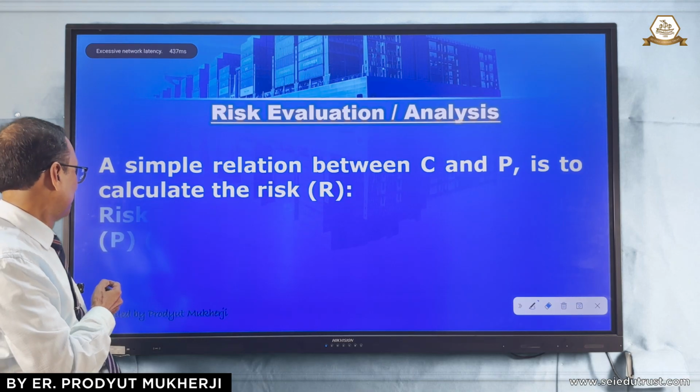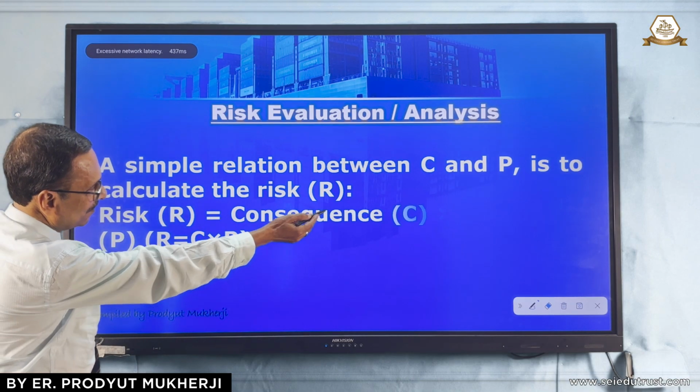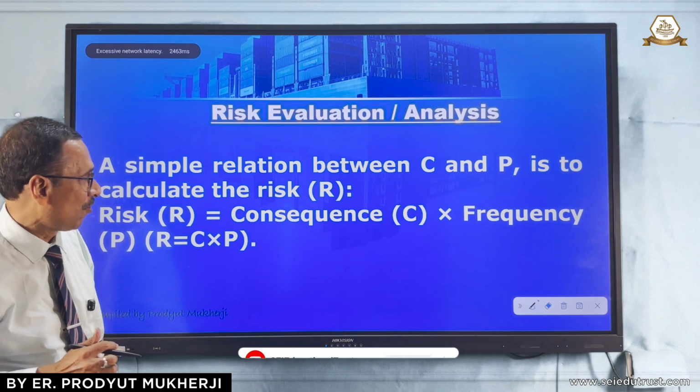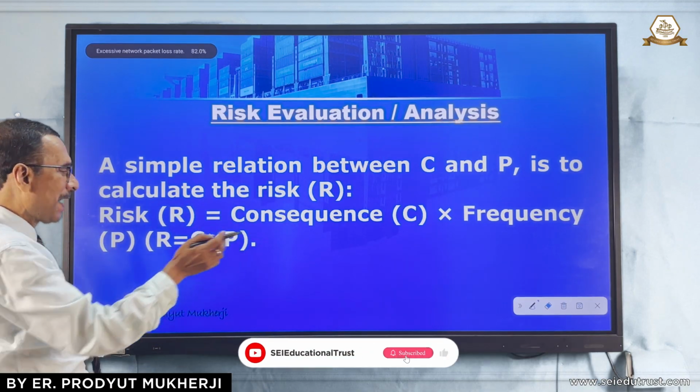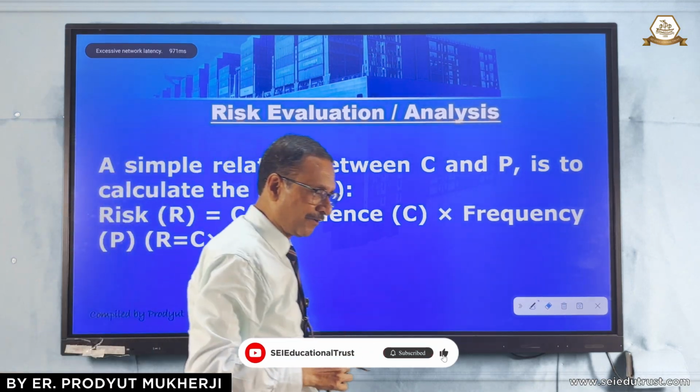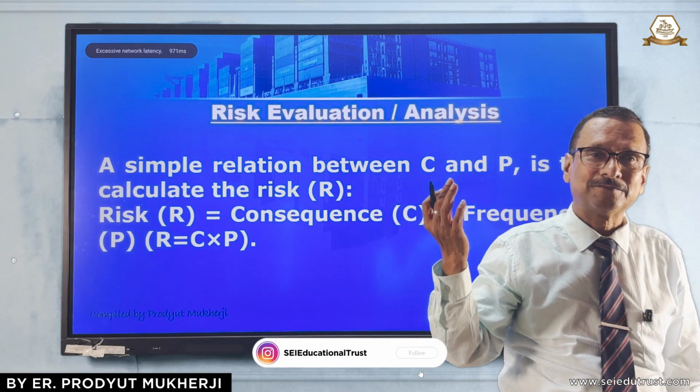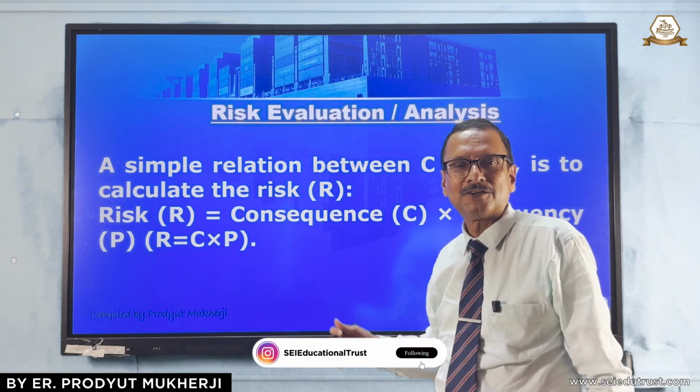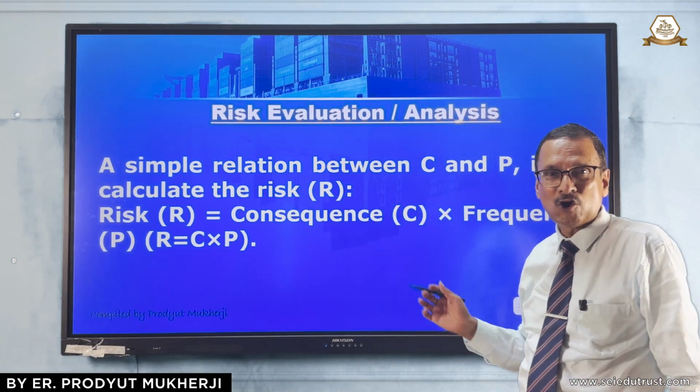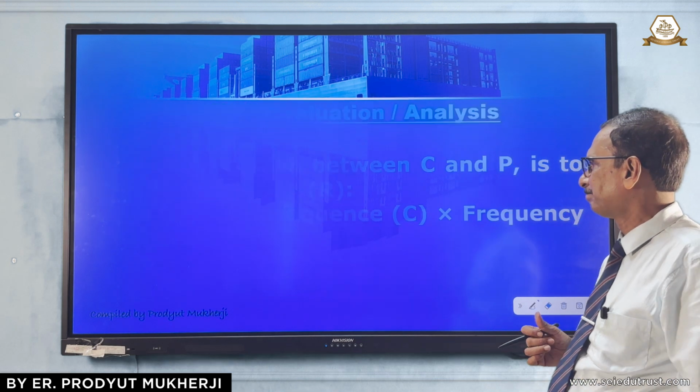So risk is the consequences of the hazard if it occurs multiplied by the probability of the hazard occurring. That is risk, or risk evaluation, or risk analysis.